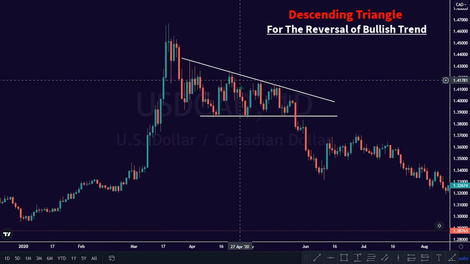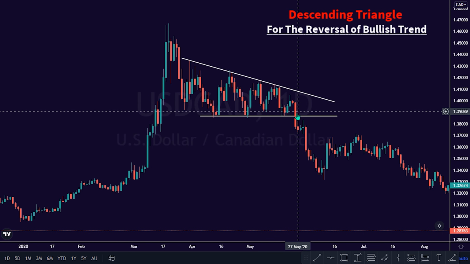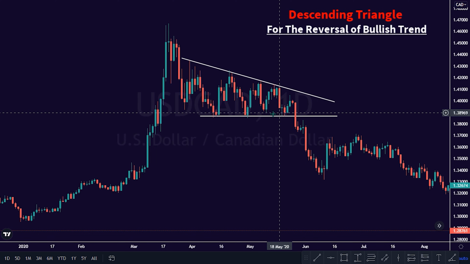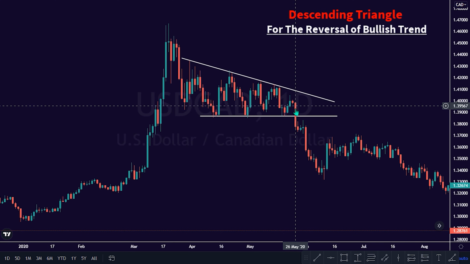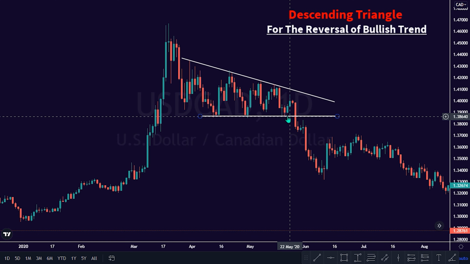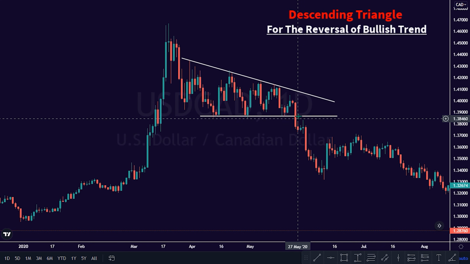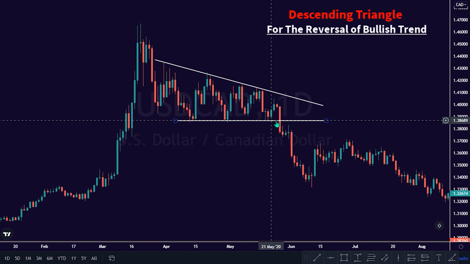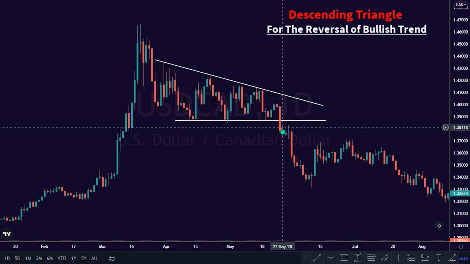There was a turf war between the bulls and the bears at the support structure of this chart pattern here. Finally, this horizontal level failed to serve as a support for the bulls on this battlefield, and the bears defeated the bulls, and that's why the bears were able to close below this support structure here.